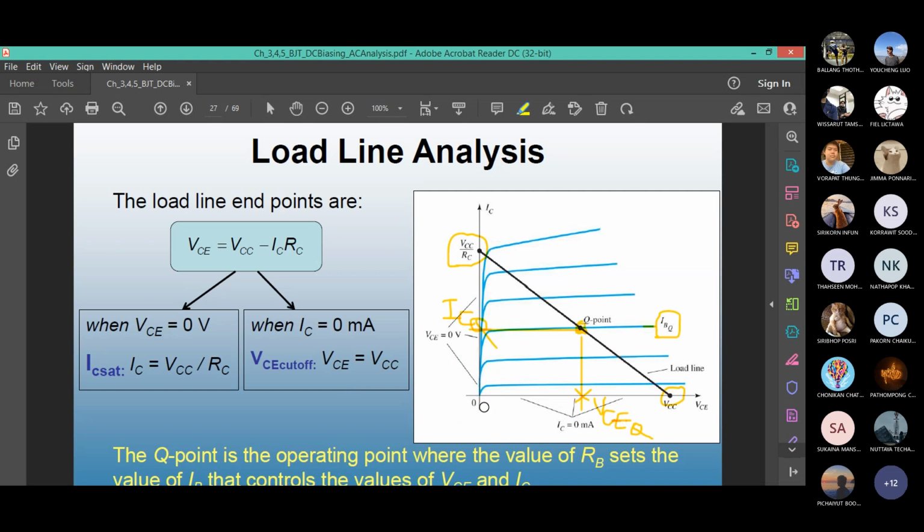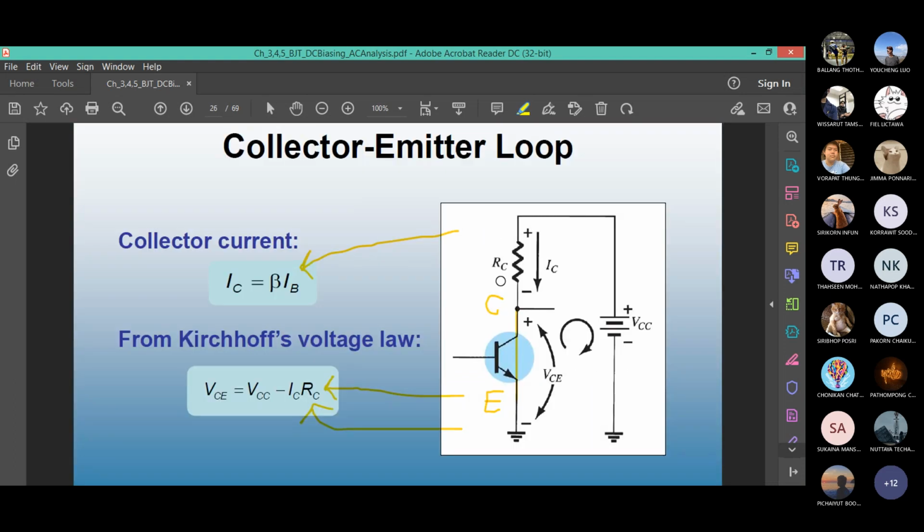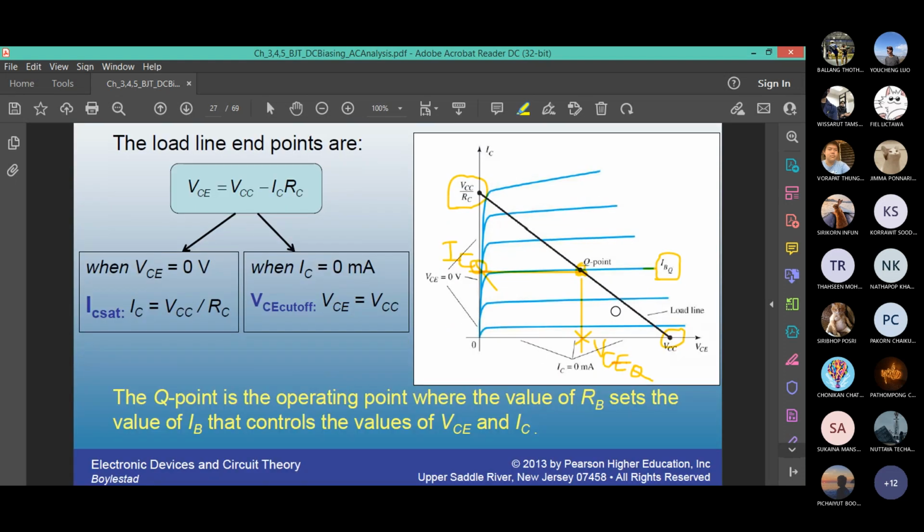And when IC is 0, obviously nothing flows. If you put a probe, the VCE will be the same value as VCC. And the base current is here set by the value of RB. You can change the input DC bias VCC as well, but normally we don't do that, not very convenient.